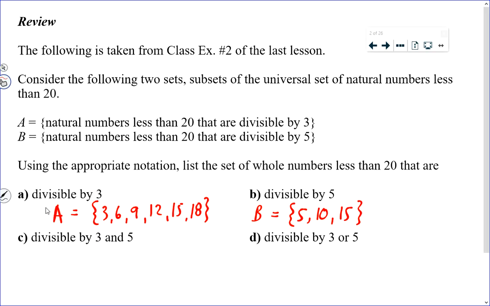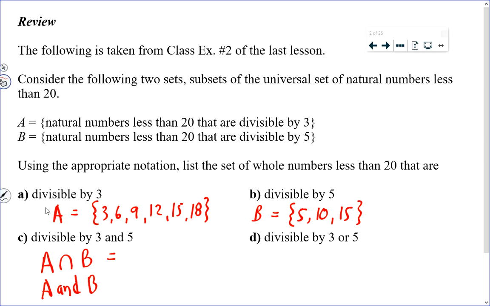When we talk about the numbers that are divisible by 3 and 5, the proper notation is A and B, or what we call the intersection. Whether we use that symbol or not, the meaning is clear.